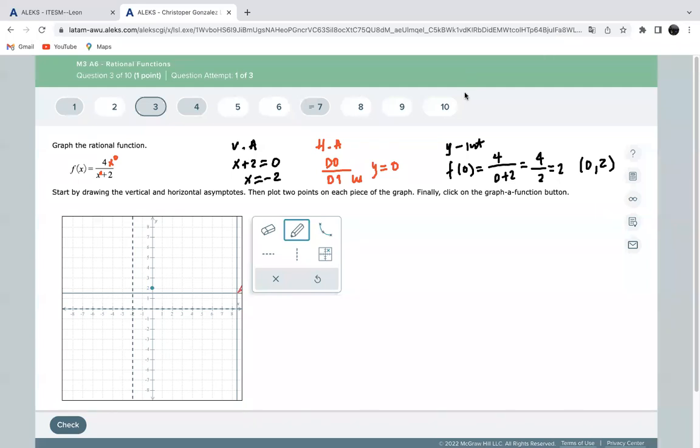And now we need to find another coordinate on this side of the vertical asymptote. We're going to need 2 points on this side and 2 points on the other side. Because we already have one, let's try to find another one on that same side. We already used 0, so we could use minus 1 right here because it's still on the same side.